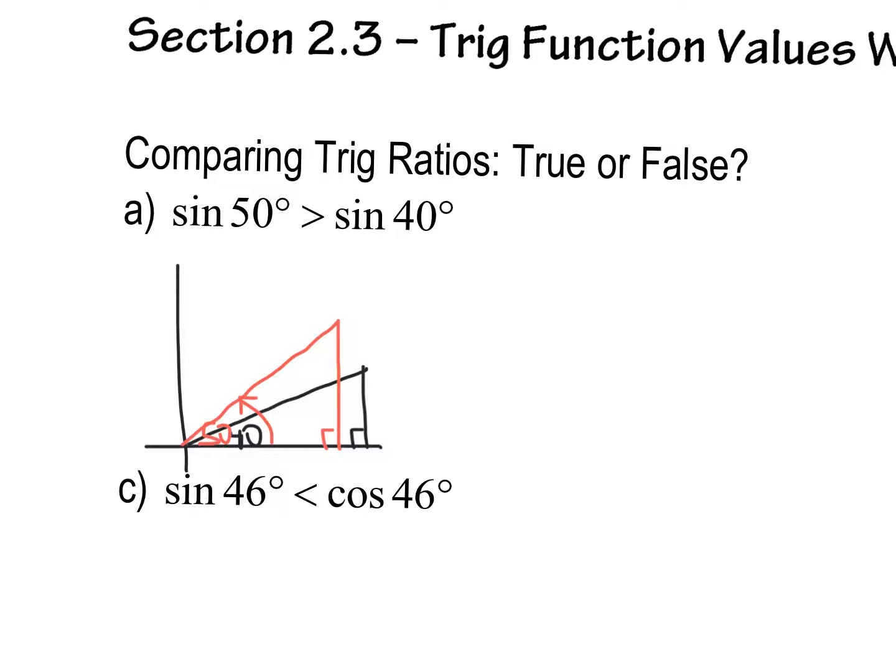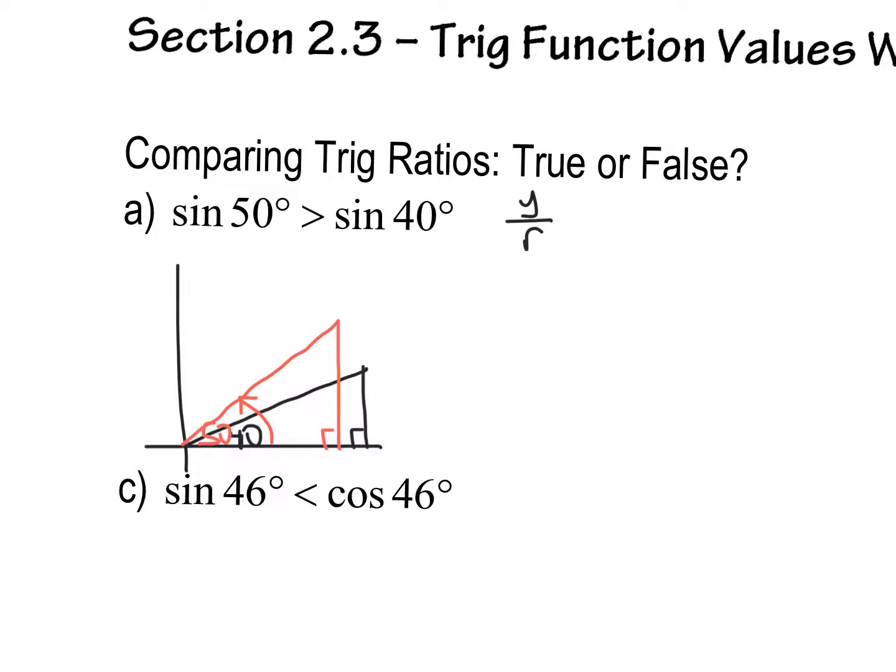So here's what our picture looks like, and remember that when we're talking about sine, that's the ratio of y over r. And the r is always 1 when we're doing these unit circle types of problems. So really, since this is a sine question, we're looking at what's happening to the y value. At 40 degrees, look at how tall my triangle is, versus at 50 degrees, look how tall my triangle is.